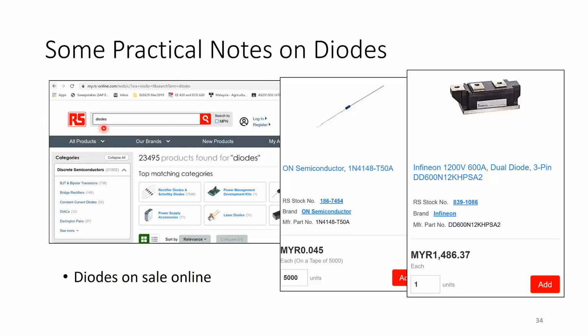If I put in diodes at the search box, I get 23,495 products found for diodes, and it can go from 0.045, about 5 cents, all the way up to, so I did compare the prices, one of the most expensive ones, which is an Infineon dual diode. Inside here there is more than one diode, and it costs up to 1,500 ringgit, Malaysian ringgit.